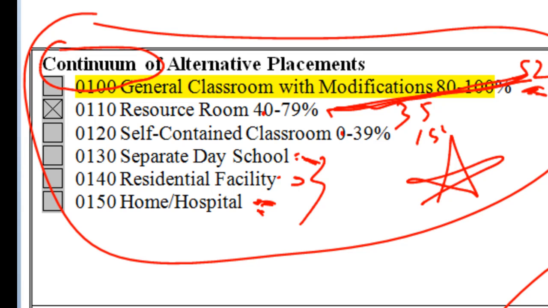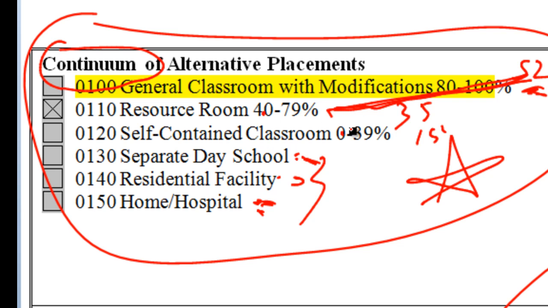Here's why we have this. If a child in your school district is found to have a disability that needs some kind of service, you have obligations delegated by the federal government that you must offer a continuum.